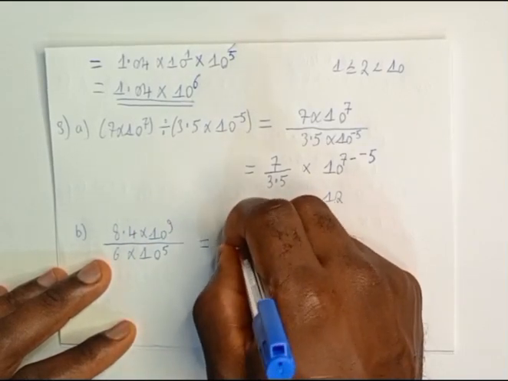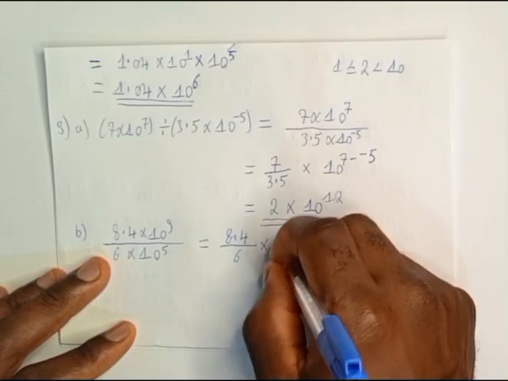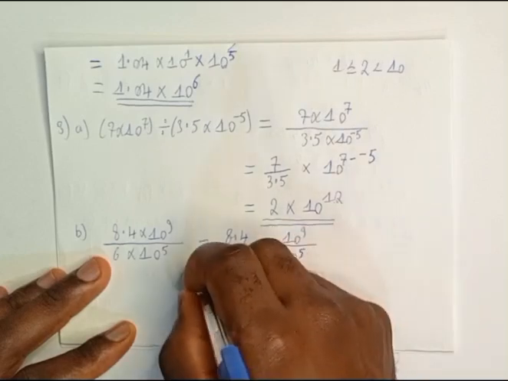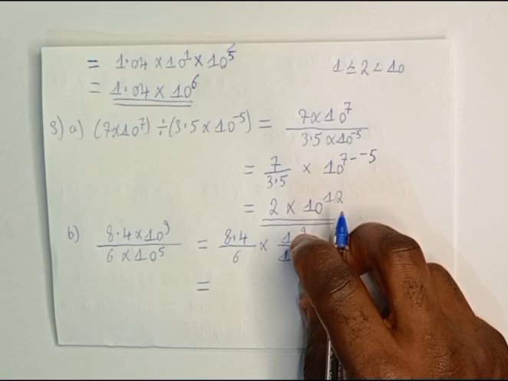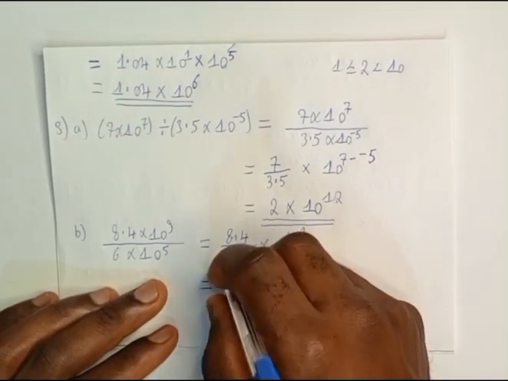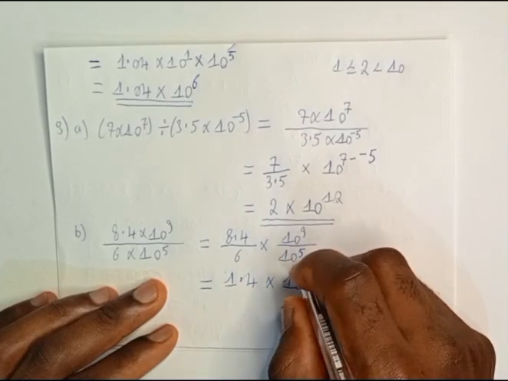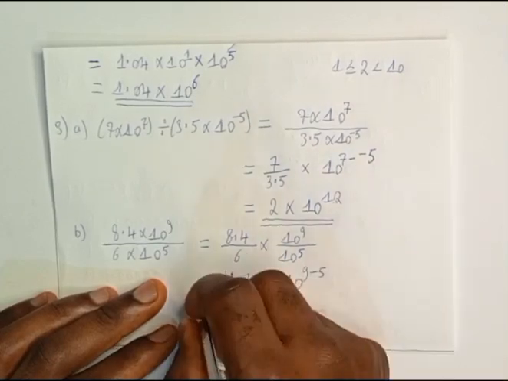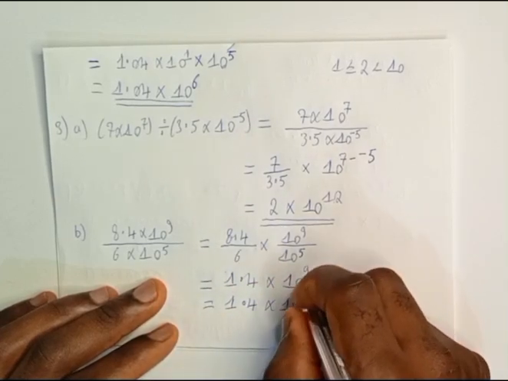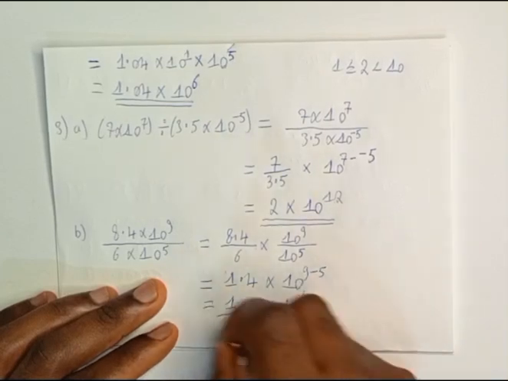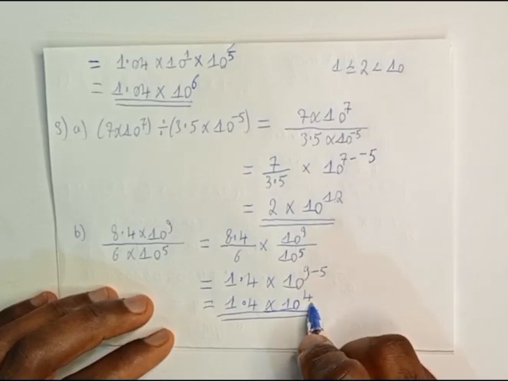This will simply be equal to 8.4 divided by 6 times 10 to the power 9 divided by 10 to the power 5. 8.4 divided by 6 gives us 1.4 times 10 to the power, applying the laws of indices, 9 minus 5, which gives 4. Our final answer will be 1.4 times 10 to the power 4.